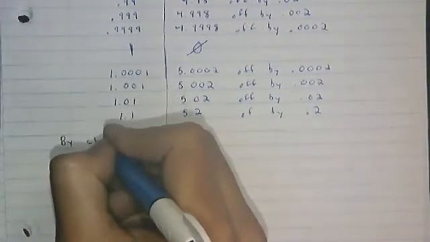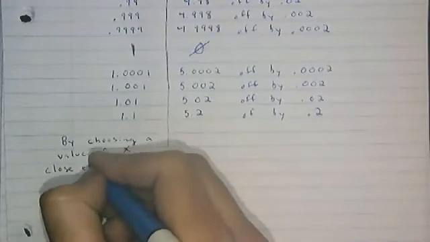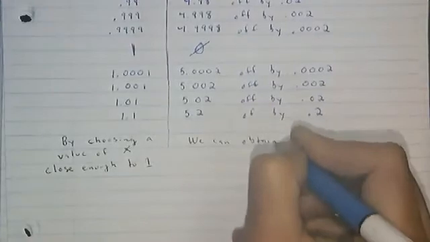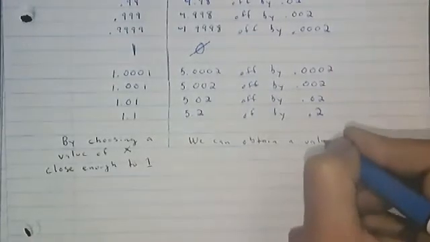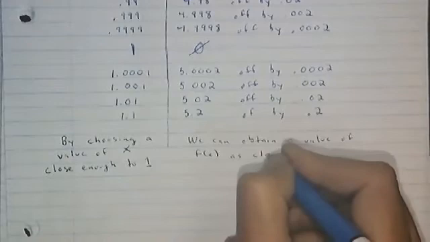So the way we're going to say this is that by choosing a value of x close enough to 1, we can obtain a value of f(x) as close to 5 as we please.